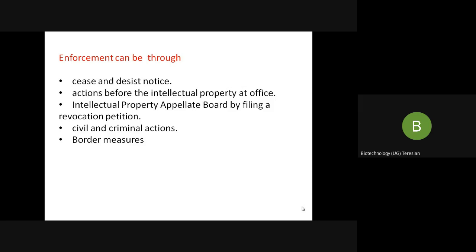That is, you can go and tell the board that you want to cancel the patent of the person who has modified your ideas. The intellectual property appellate board can correct the wrong which you feel could affect your chances of enforcing your IP.